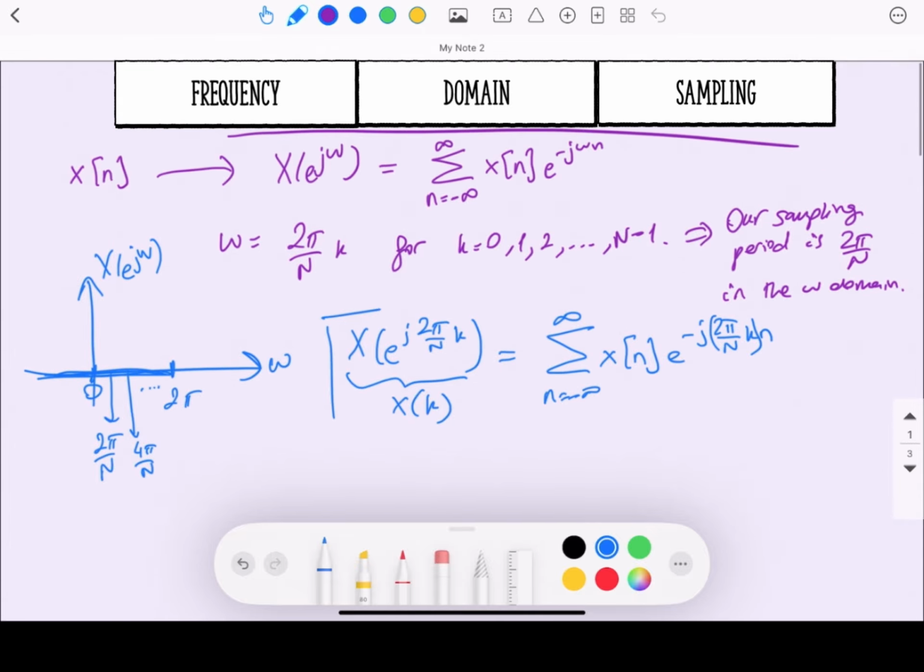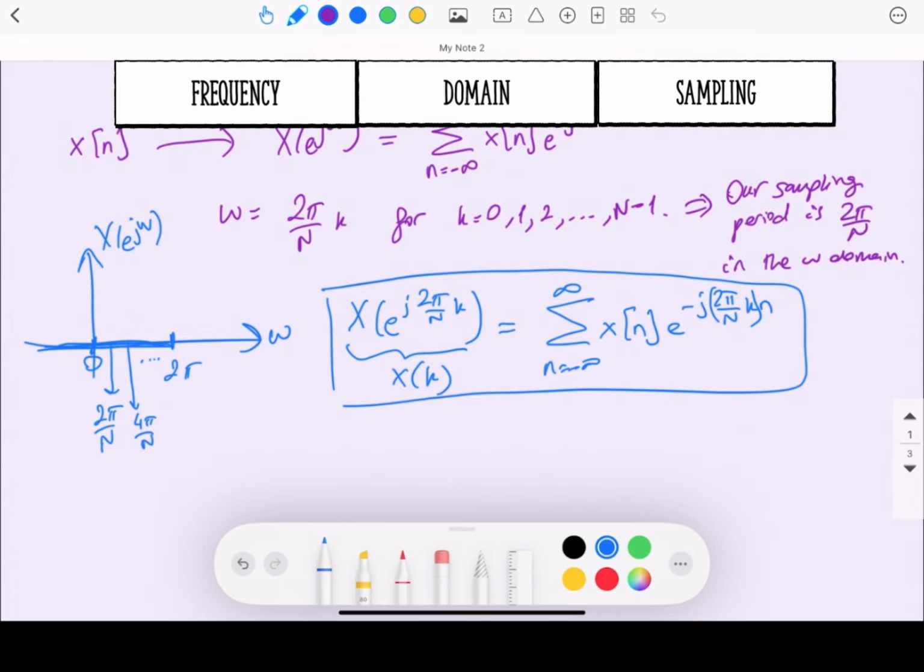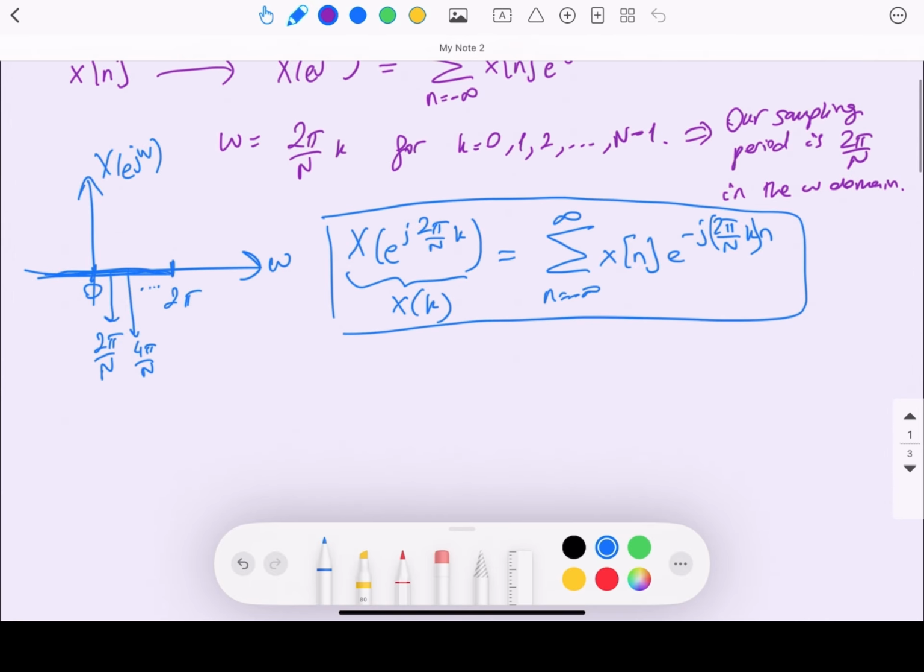So we obtain this when we sample the X of e to the j omega. The question is, can we reconstruct x of n from the samples of X of e to the j omega?